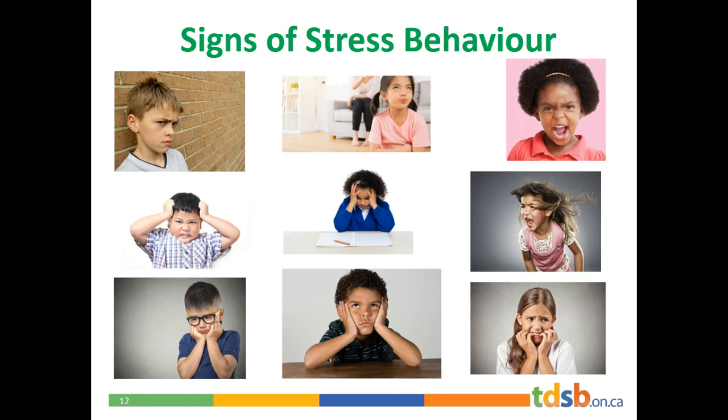So when we hear those descriptions, we can sometimes picture some of our kids or students who are really having some difficulty with self-regulation. So the big challenge is figuring out why our children's stress is so high.